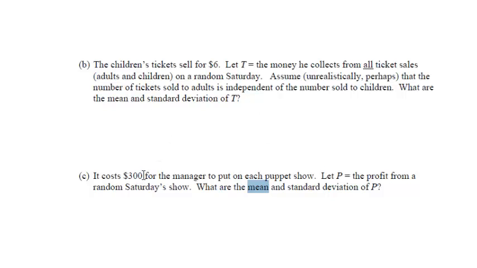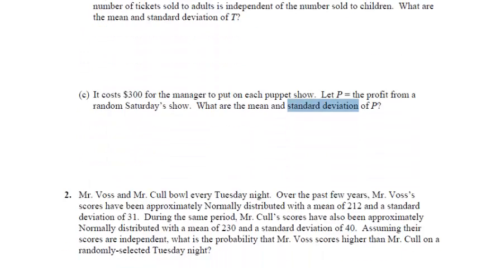That would give you how much the mean amount of profit is. Standard deviation, last I checked, addition and subtraction didn't affect standard deviation. So the standard deviation should actually remain the same as it was in this problem over here. Because you're not multiplying and dividing. Multiplying and dividing is the only one that affects the standard deviation.